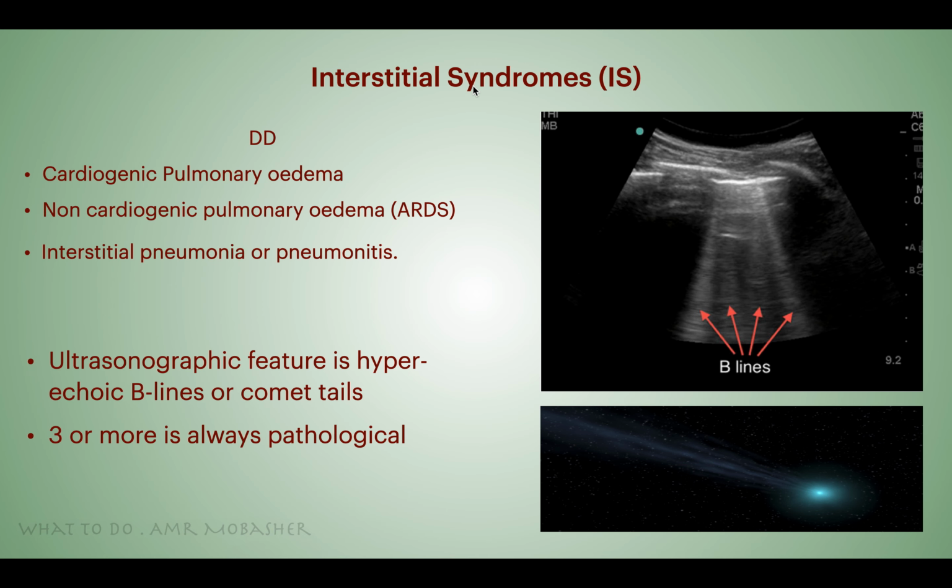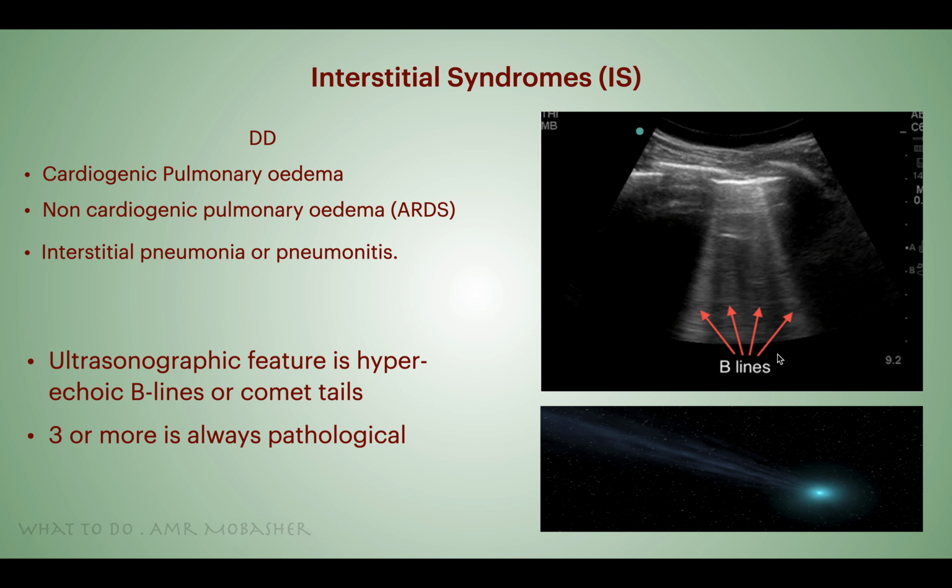So what I can get by ultrasound here is those hyperechoic lines extending from the pleural line down to the whole depth of the screen. They are called B lines.